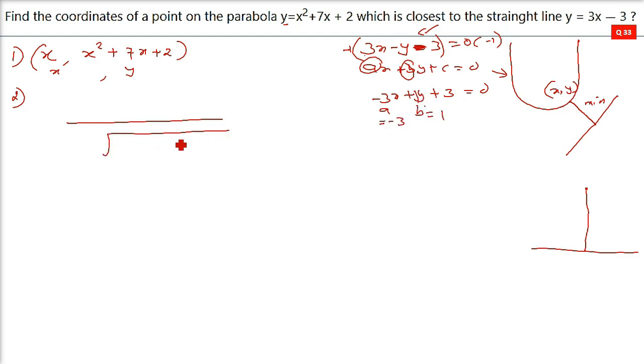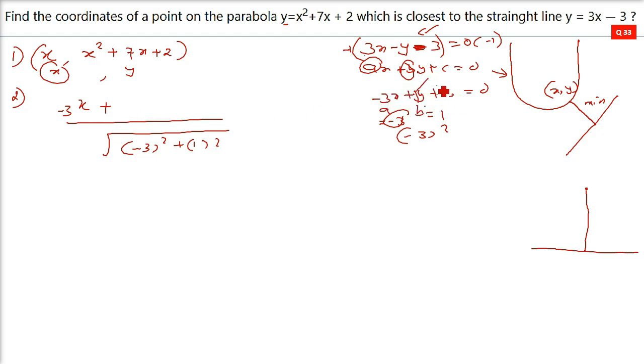So in the denominator, when we talk about the distance, it will be under root a square plus b square. I'm not writing the formula, just saying it, so you need to keep it in your mind. So we have negative 3 whole square plus 1 square. And now in the numerator it will be ax plus by plus c, and x, y has to be taken as the coordinate points from where the distance is being sought.